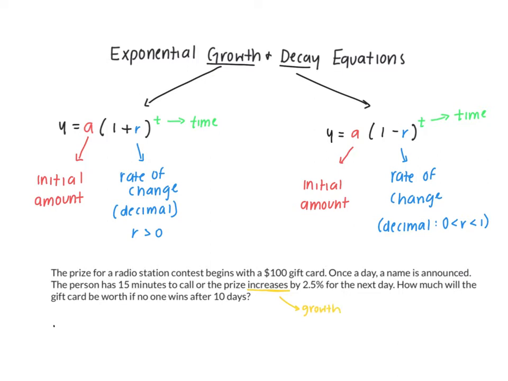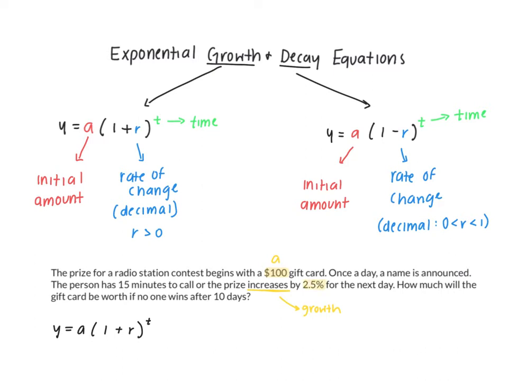So we'll be using the first equation, y equals a times 1 plus r raised to the power of t. So let's go through and determine what we need to put for a, r, and t. If you read the problem, it says that the contest is beginning with a $100 gift card. So the fact that it begins with that amount should tell us that 100 is going to be our A. If nobody wins, or if nobody calls to claim their prize, then it's going to increase by 2.5%.